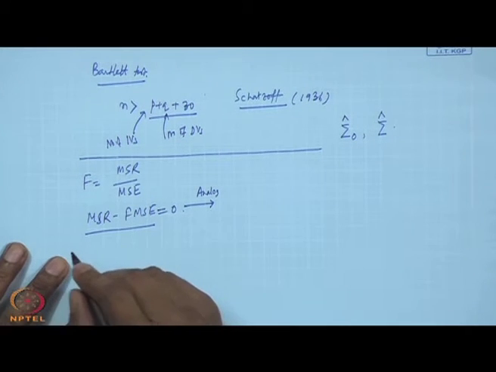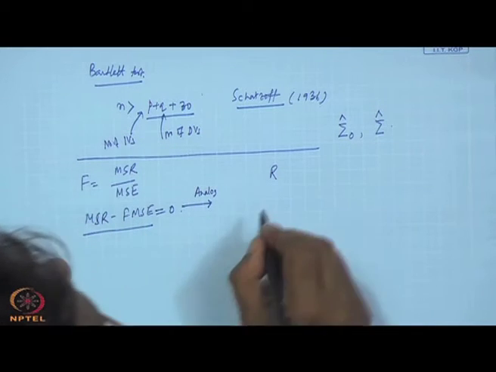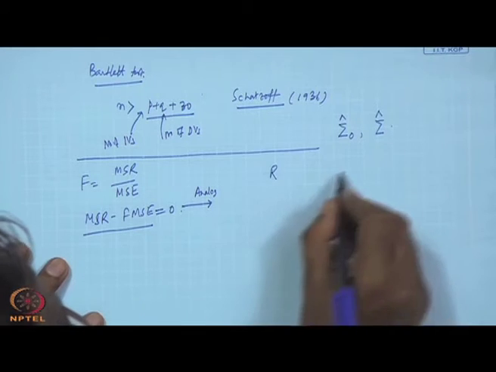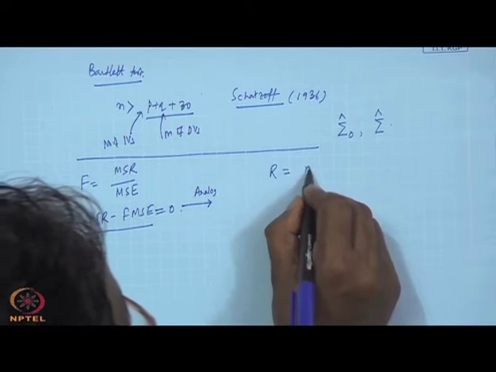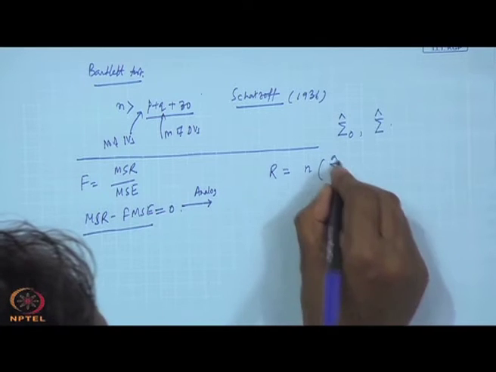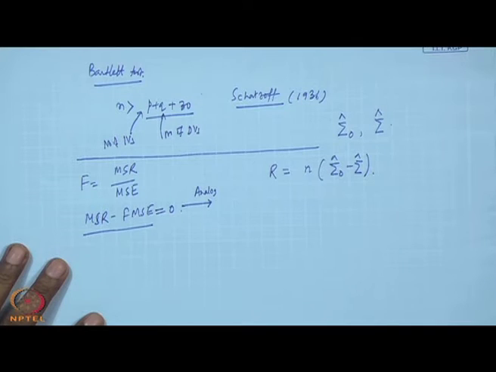Okay. Now, you can create one statistic which is basically R, similar to R, I am using this because of the regression. You can create it like this, R equals this.